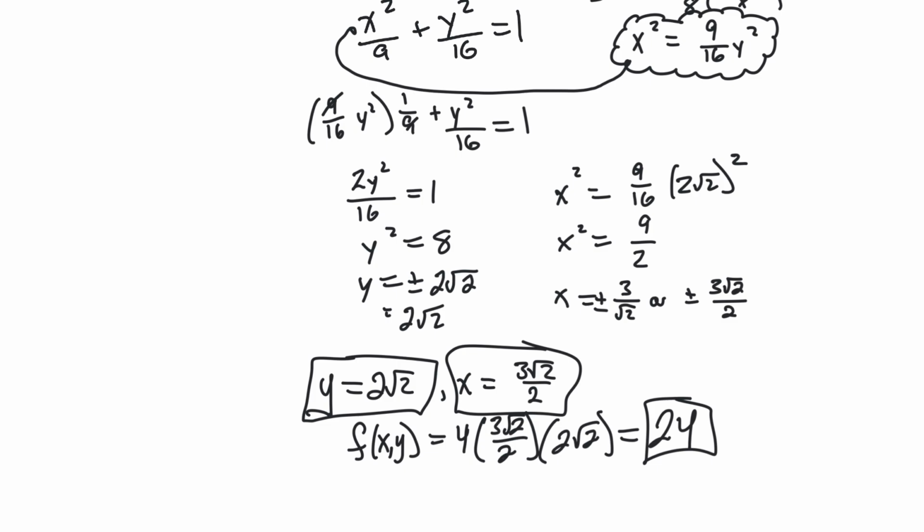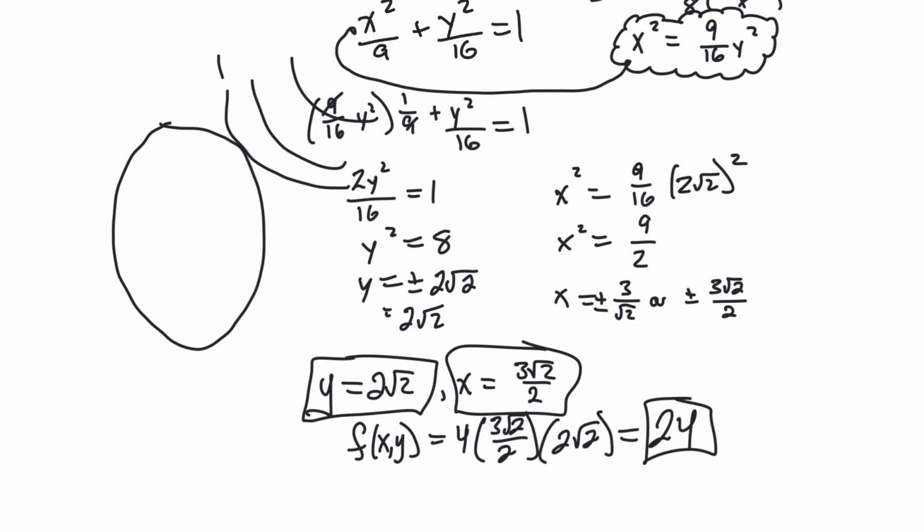So if we go back to that image, which I can't really do using this slide software, if we were to go back to that image that showed the ellipse and the level curves, we found k equals 24 is the one that sat tangent to the ellipse and the family of hyperbolas, which were the level curves.